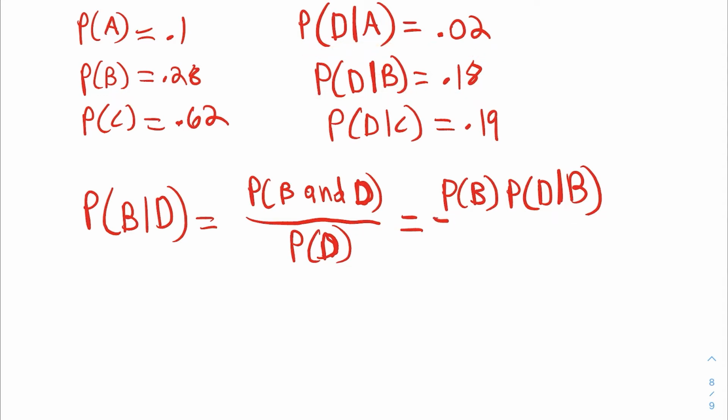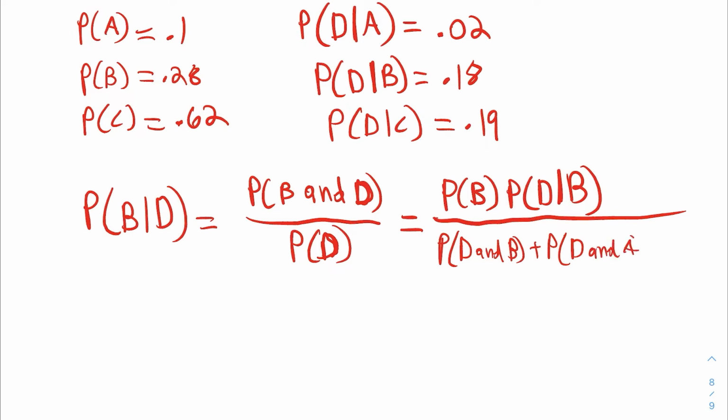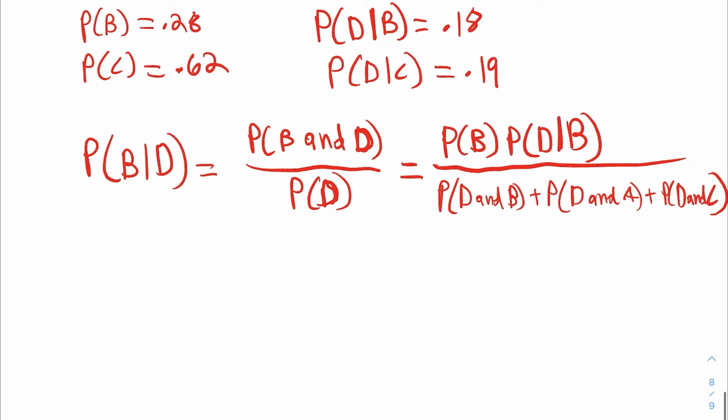In the denominator, I don't have the probability of D, but I know that the total probability of D would be the probability of D and B plus the probability of D and A plus the probability of D and C, because those are all the possible choices. That's exhaustive and mutually exclusive.